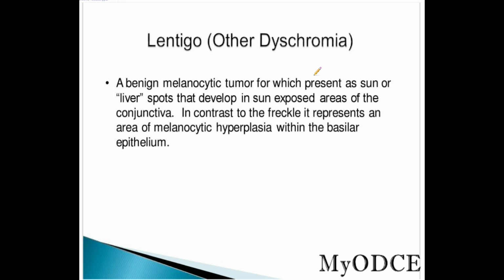So lentigo, another dyschromia, a benign melanocytic tumor which presents as sun or liver spots that develop in sun-exposed areas of the conjunctiva. In contrast to the freckle or the ephelis, a lentigo would represent an area of melanocytic hyperplasia within the basilar epithelium.